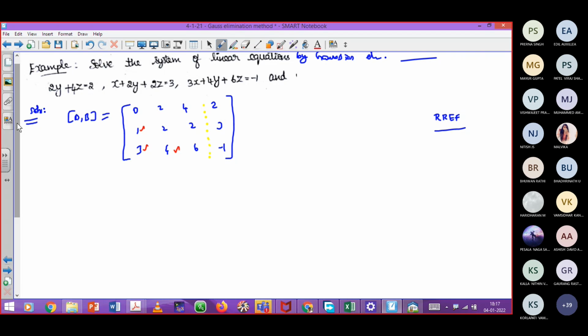Can anyone please try to state the reason why you are not allowed to use column operations? Student: Sir, it may bring unrequired changes in B. Very good. One point is valid. Another one? Your answer is exactly right. One more answer I am expecting.